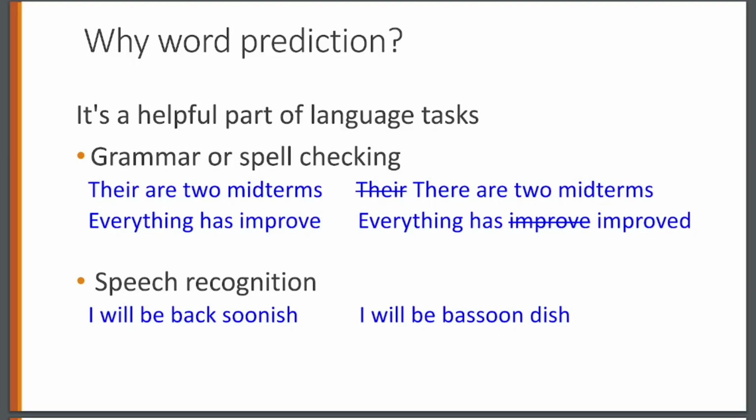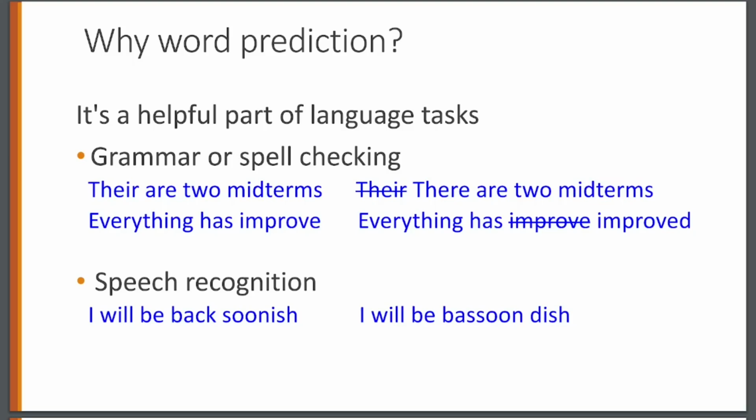I might also recognize words that appear out of place, for instance, using "their," T-H-E-I-R, when I intended to use "there," T-H-E-R-E. Or this could help us with the task of speech recognition.